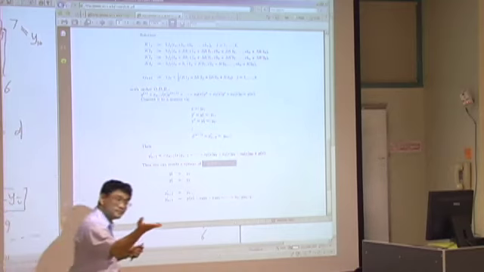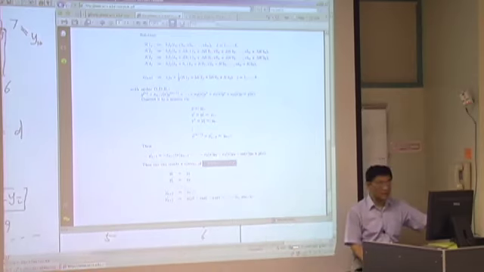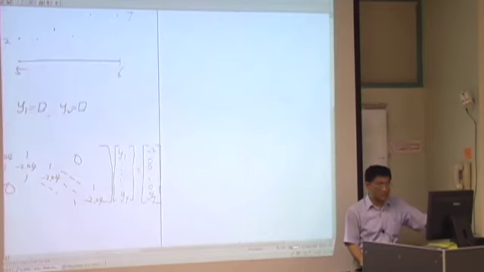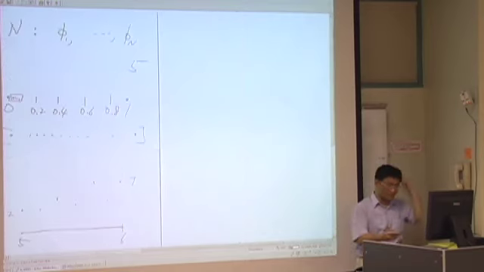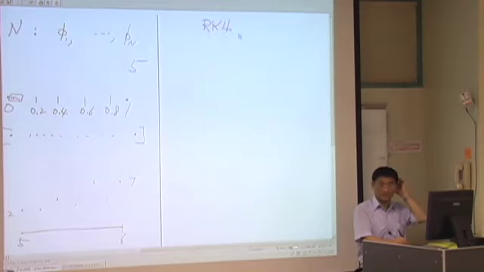We do a quick review of the shooting method. Oh, no problem. So the shooting method is this. Using RK4, we can solve initial value problems, right? Any questions about this?